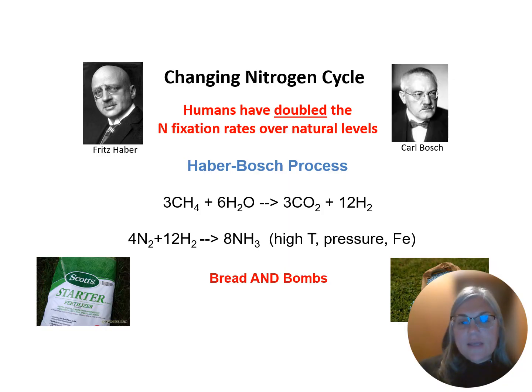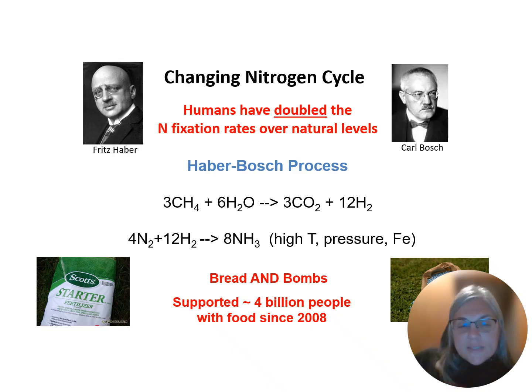So this is often called bread and bombs because the main goal wasn't to fix nitrogen to help grow more food. At the time, we were in a war, and these two chemists came together to try to find a way to provide ammonia to make bombs.